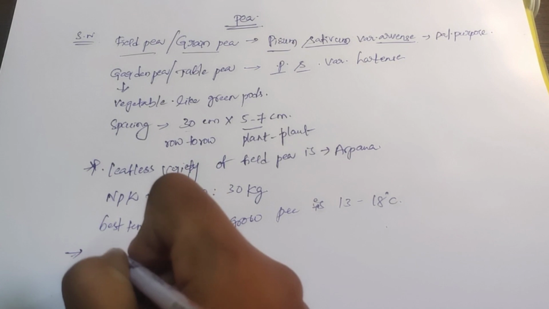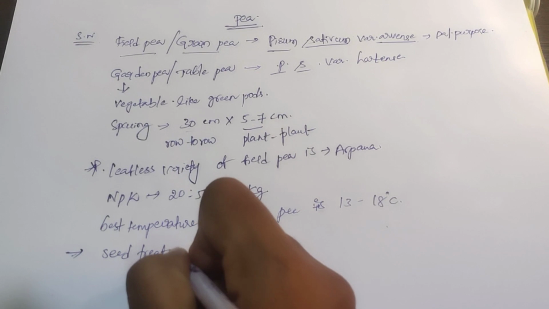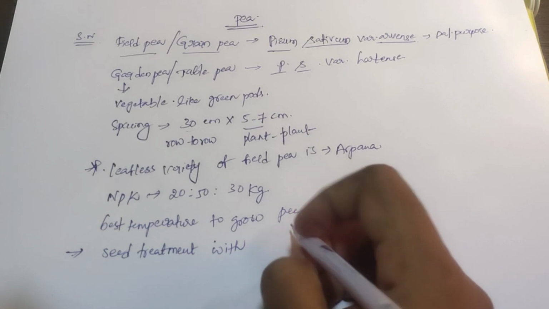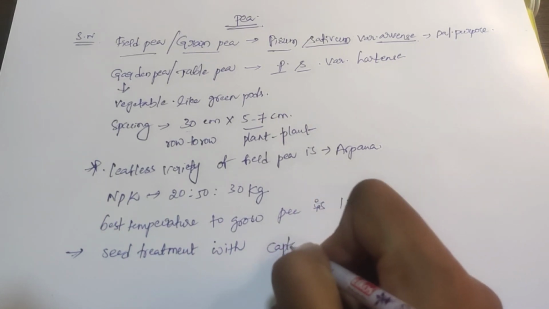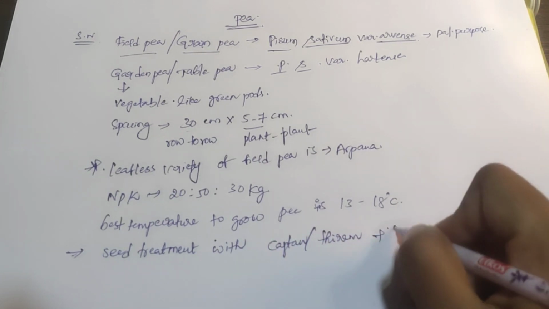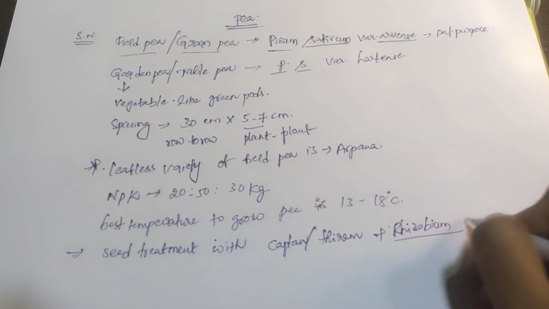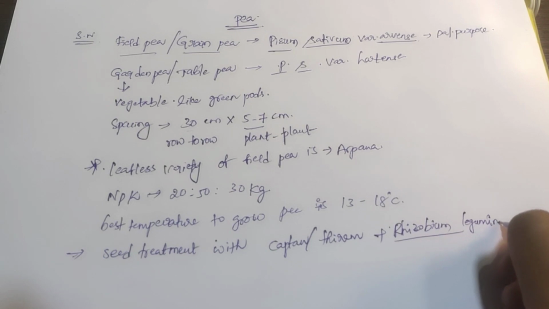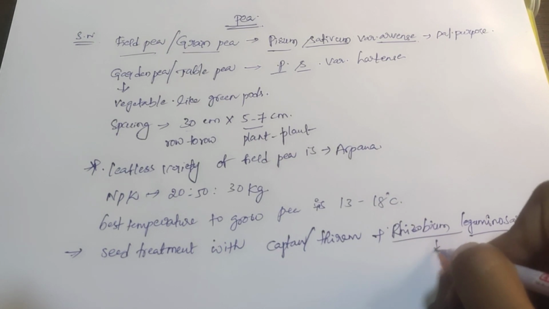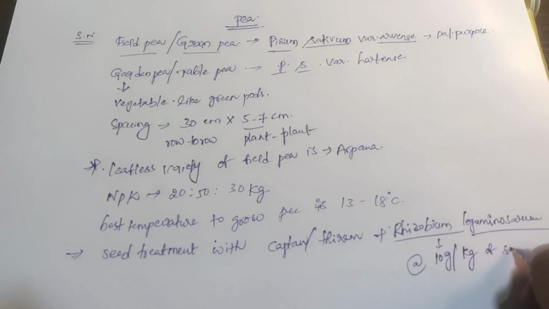Seed treatment in pea is done with Captan or Thiram plus Rhizobium leguminosarum at the rate of 10 gram per kg of seed.